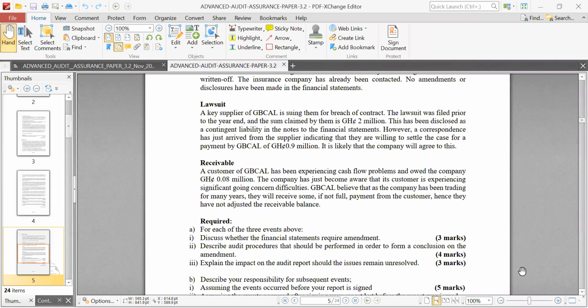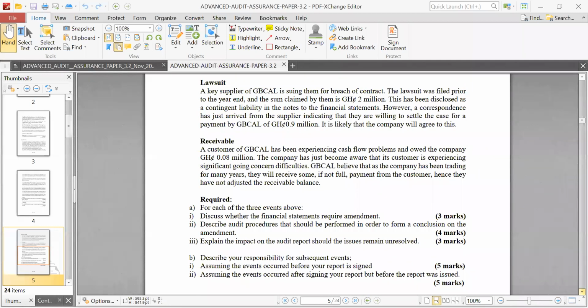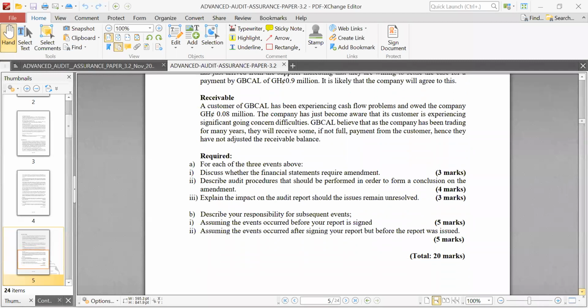First we have to know whether it's an adjusting or non-adjusting event. If it's not, then it being unresolved will not really be an issue. However, if it's an adjusting event, you also have to look at the materiality of the figure. If it's material, then that's it. So you look at it in terms of the materiality and the impact it will have on the financial statements.